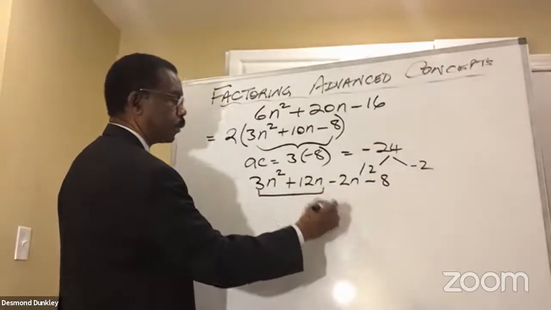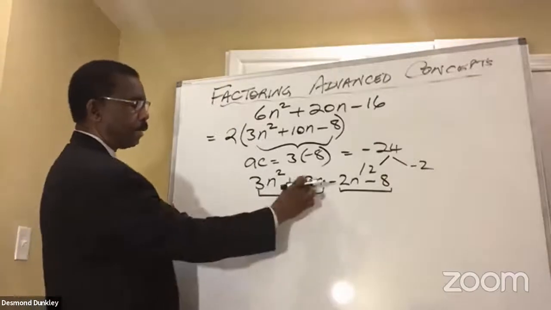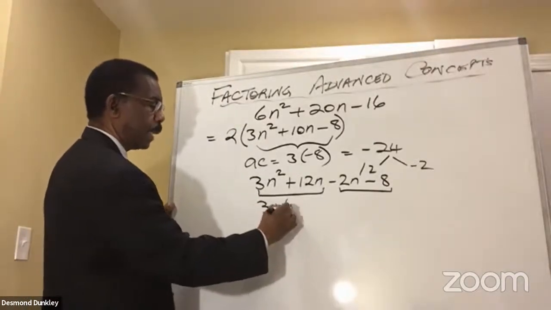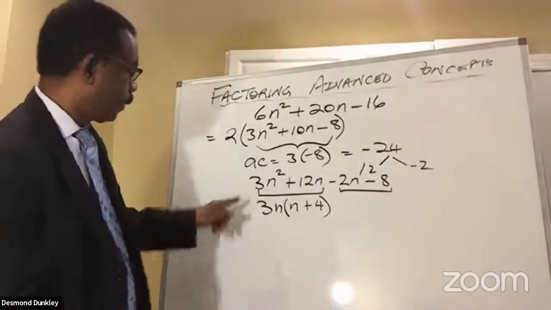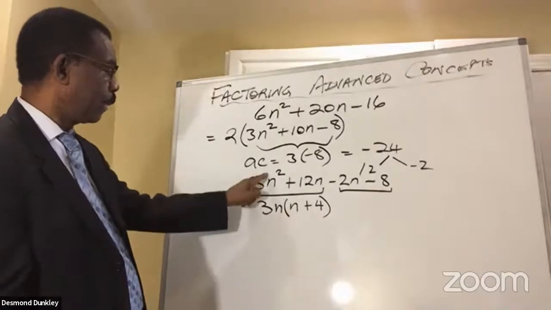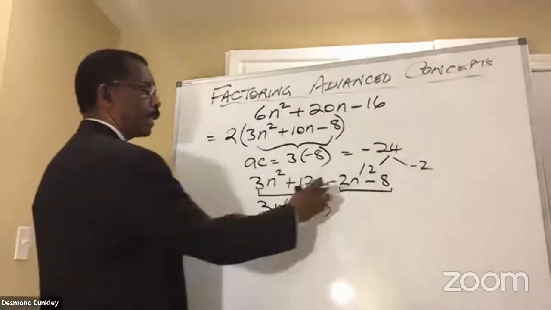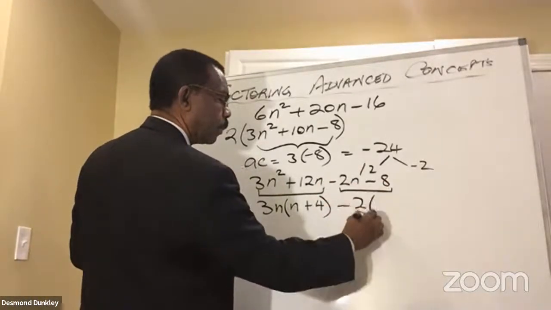Group these first two, group these last two. What is common? We see 3n times n plus 4. Let's check. 3n times n, 3n squared. 3n times 4, 12n. What is common to negative 2n minus 8? I think we can do negative 2.